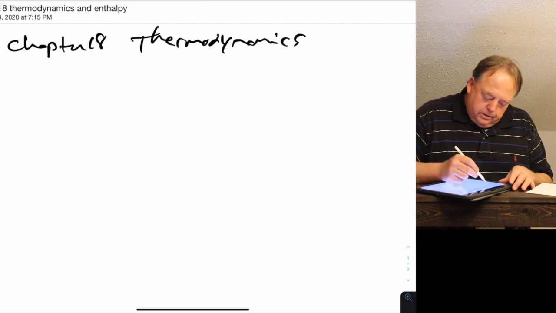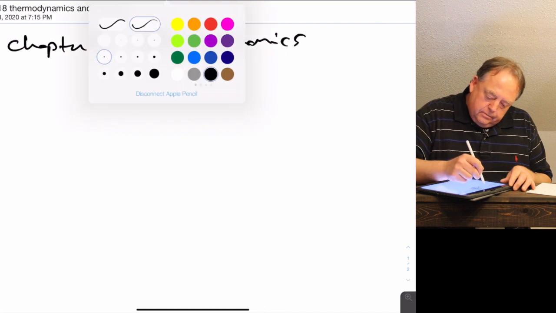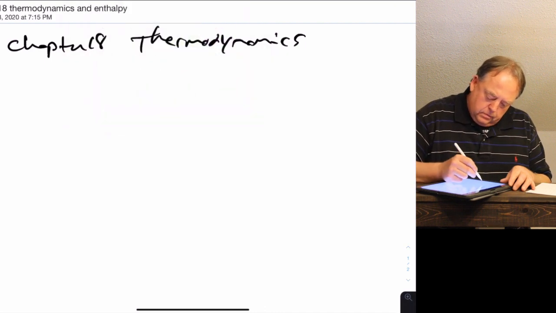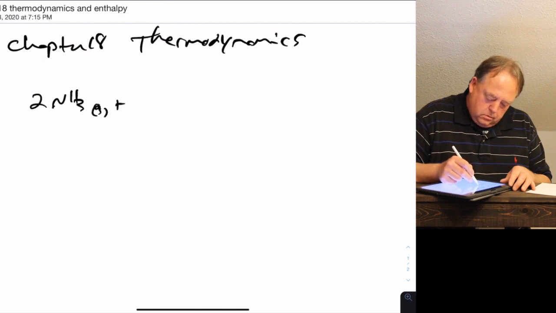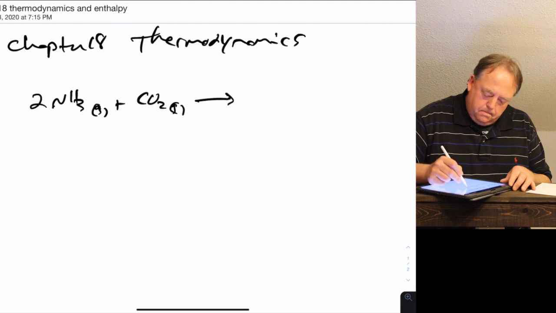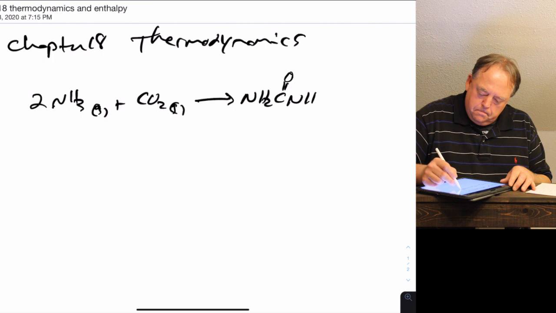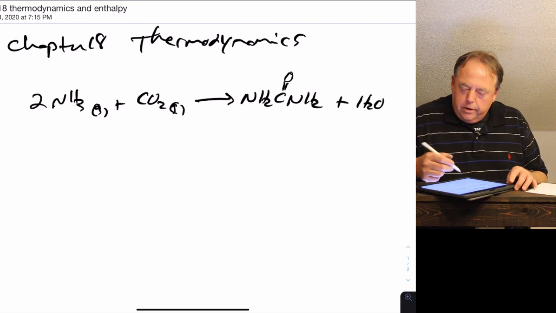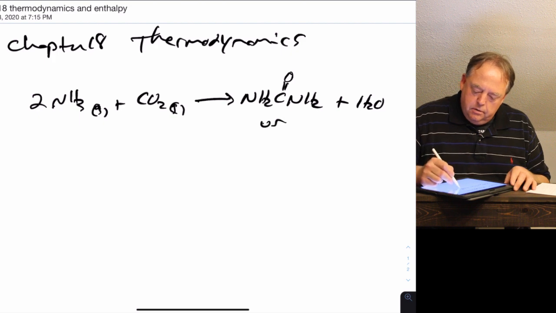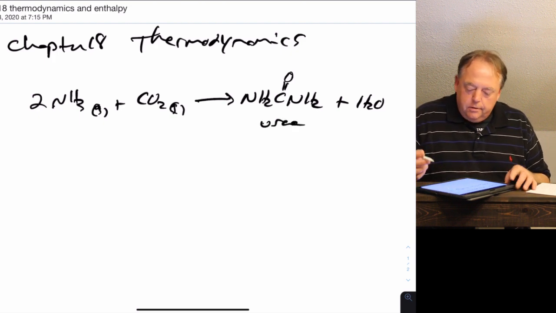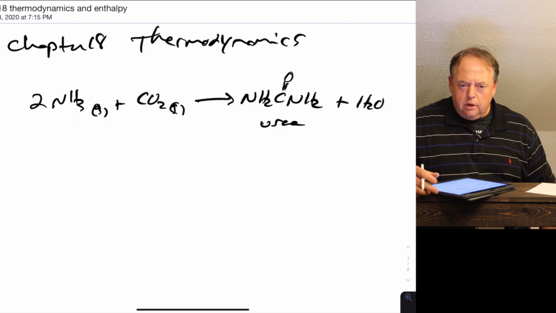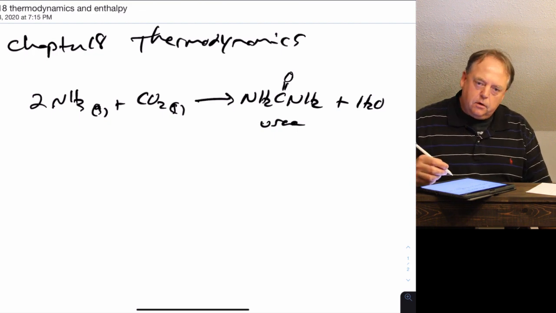So if we take a general reaction, so ammonia reacts with CO2 to make urea and water. So this is an important reaction industrially because urea is used as a fertilizer.